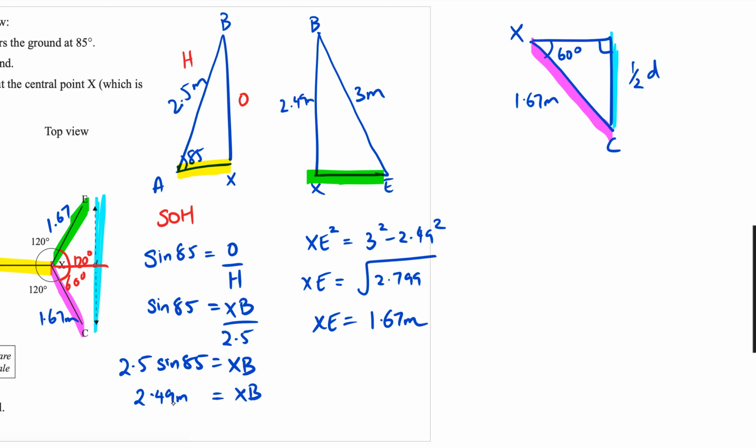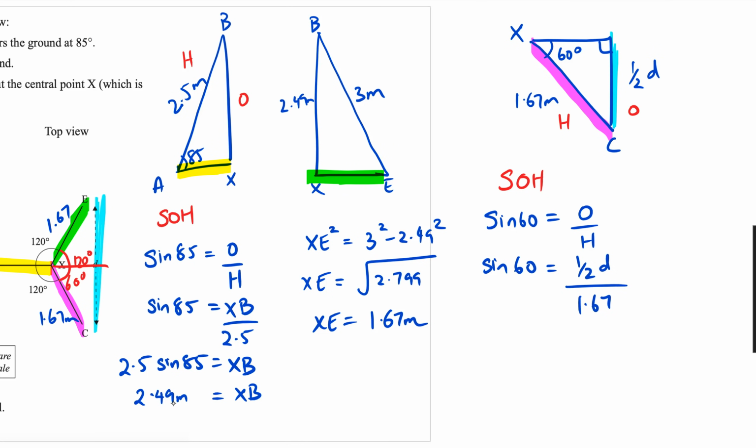The reason I put half of D is then we can just do it in one go. Using hypotenuse and opposite, we end up with the sine rule again. So sine of 60 equals opposite over hypotenuse. Sine of 60 equals opposite, which is half D, over hypotenuse, which is 1.67.